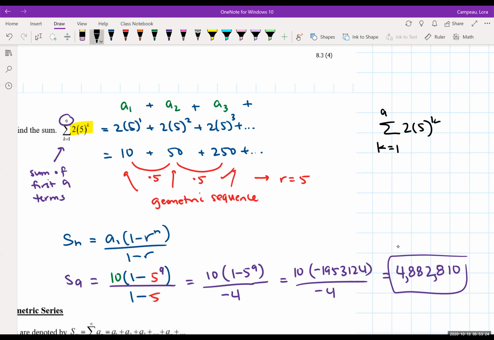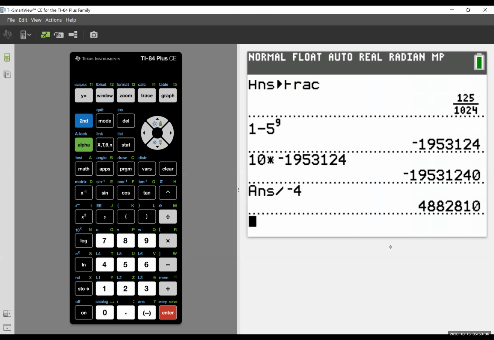What you can do is, let's go back. Go recycle some of our stuff from 8.1, previous part of the chapter. And you can use a few things. You can do sum of the sequence if you'd like, or we can use our notation in our calculator depending on what you have. So I'll do both ways just in case.